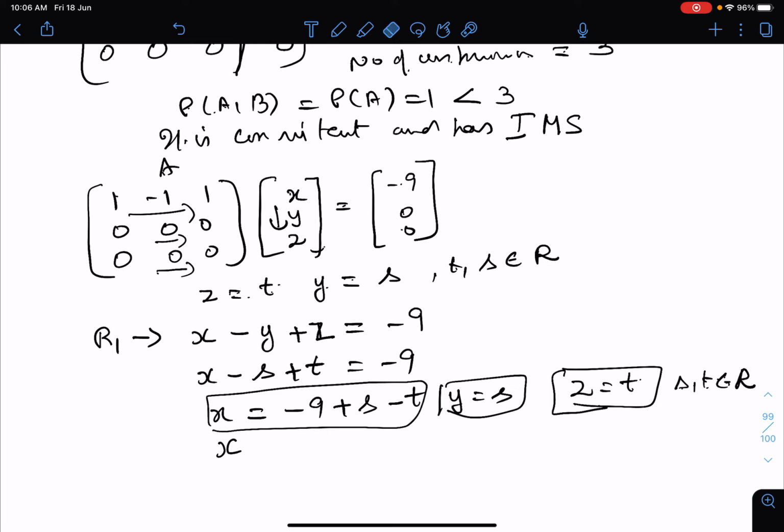Therefore, this is the solution set for us, and as you substitute the values for S and T, you will get infinitely many solutions, and this is a 2 parameter family solution because you are getting 2 constants here. Okay, 2 constants for which you are going to substitute values from R. Okay, so this is how we solve for consistency and find out the solution. Thank you.